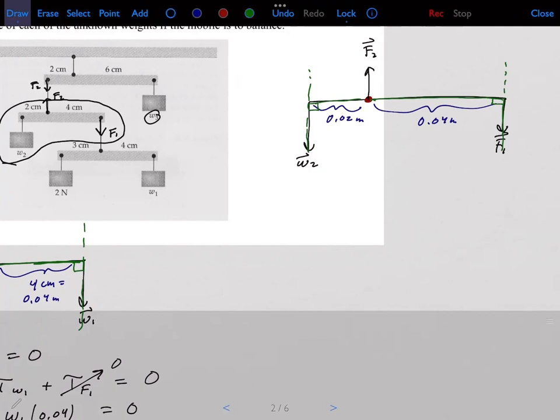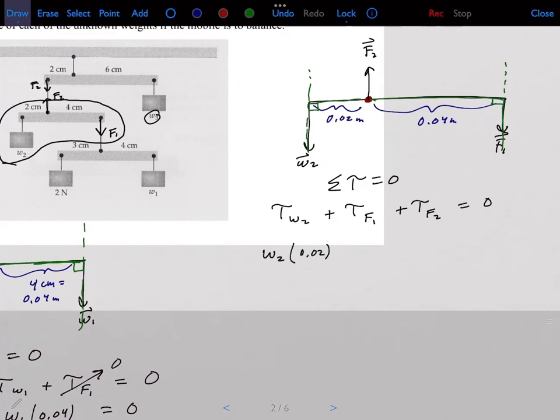Okay, so if I do sum of the torques equal to 0, I have a torque due to weight 2 plus a torque due to F1 plus a torque due to F2. That's going to equal 0. The torque due to weight 2 is going to be the weight times the moment arm.